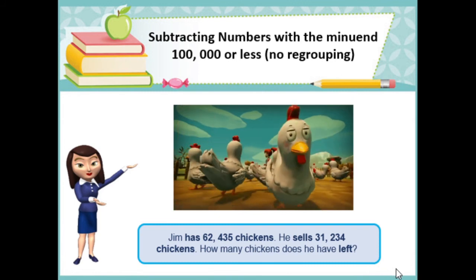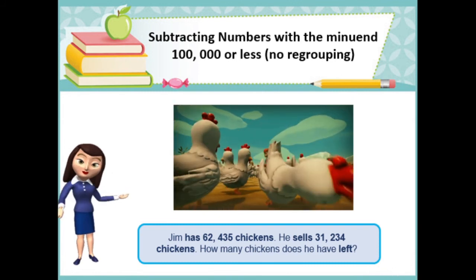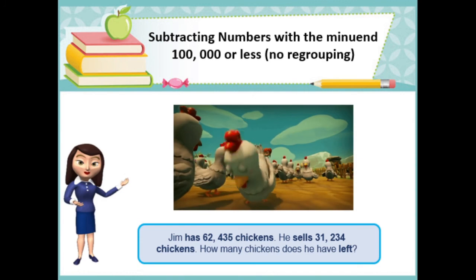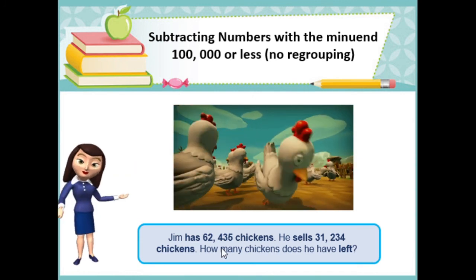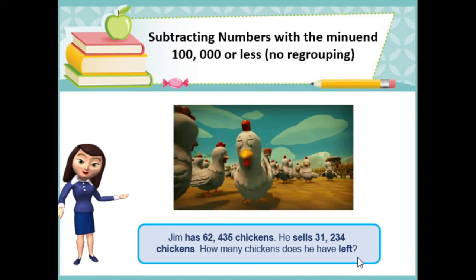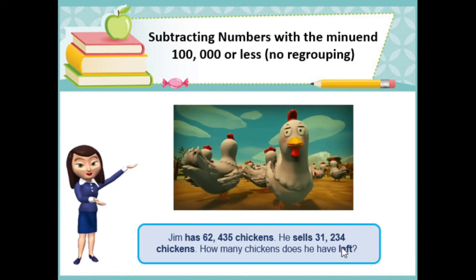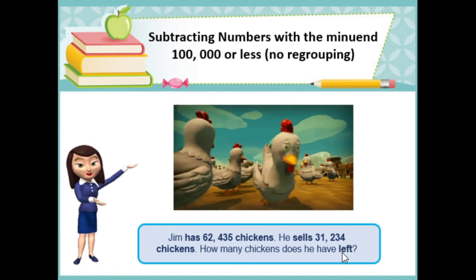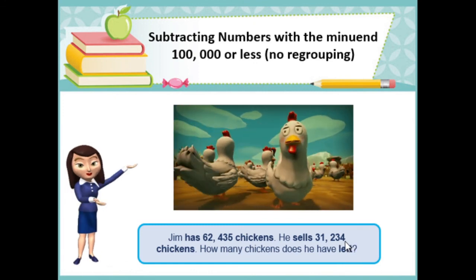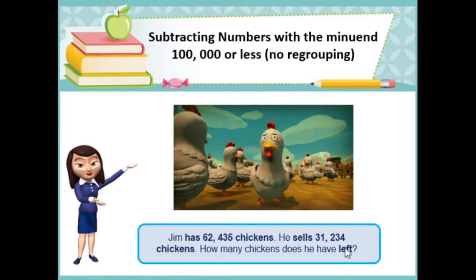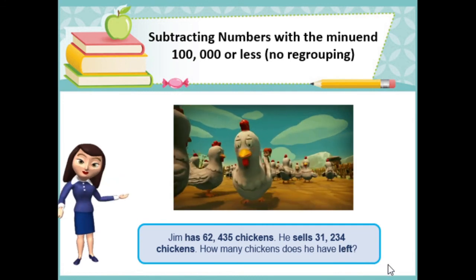Now remember, you have to look at clues so you will know what operation to use. Is it addition or subtraction? Look here. There is a word left. So basically, when you see left, that means you will use subtraction.